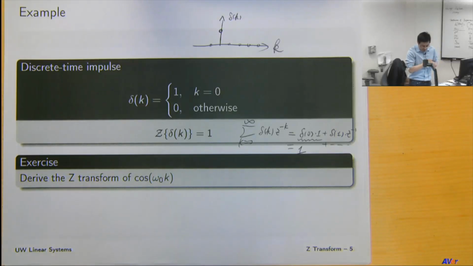Now, let's go back. We finished carrying out the z transform of the impulse. Let's work on this one, cosine functions.